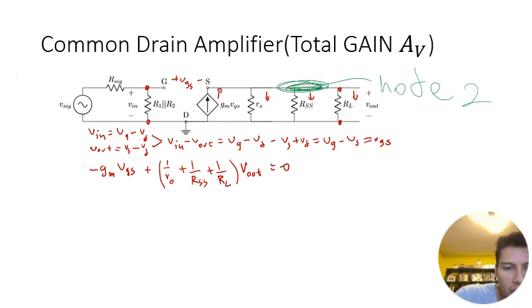And we can replace VGS with V_in minus V_out.